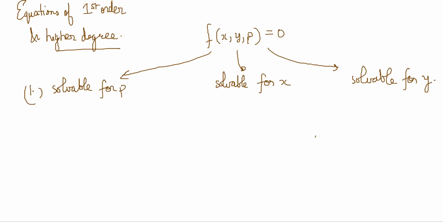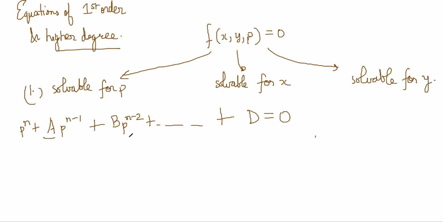A differential equation of the first order, but of the nth degree, is of the form p power n, where capital P1, capital P2, and all are constants. So you could have an equation like p power n plus a p power n minus 1 plus b p power n minus 2, and so on, plus d, suppose, is 0, right?